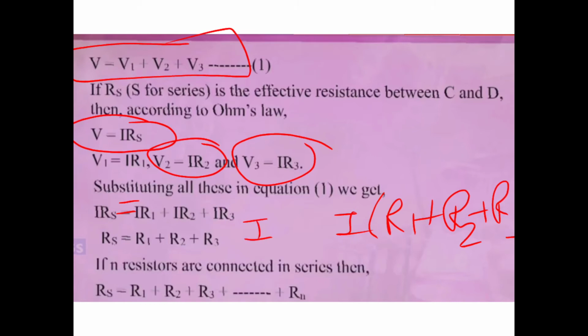And left hand side you have IRS. Now this I and I got cancelled. So what we have is RS is equal to R1 plus R2 plus R3. Now I have taken 3. You can have N also. So what will be your RS? RS is equal to R1 plus R2 plus R3.